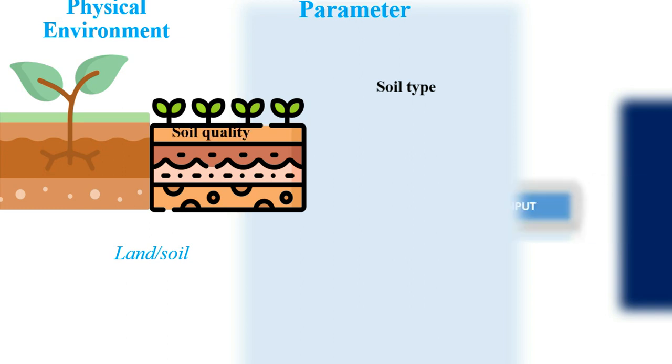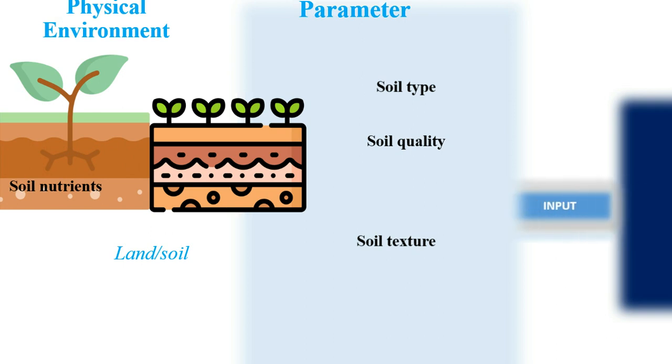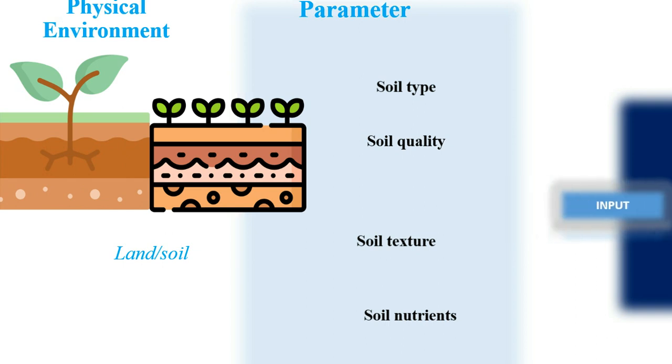We also talk about soil quality. Is it meeting the quality that I need to perform some activities? Is the texture okay? Do you have enough nutrients in this soil? So maybe if you find out that the soil does not have sufficient nutrients for a certain plant, you may need to add some nutrients and then test again using the sensors.